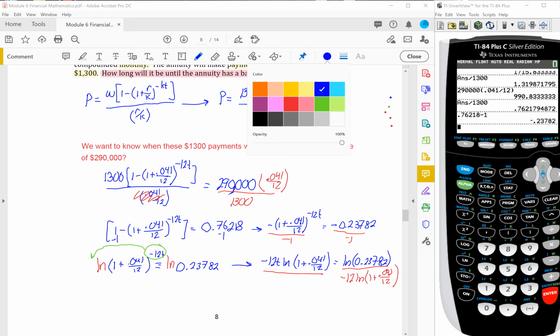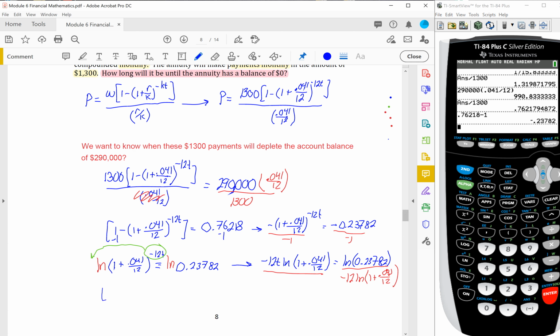Now, if I did this correctly, this should tell us now that t is equal to the natural log of 0.23782 divided by negative 12 natural log of 1 plus 0.041 divided by 12, in parentheses.